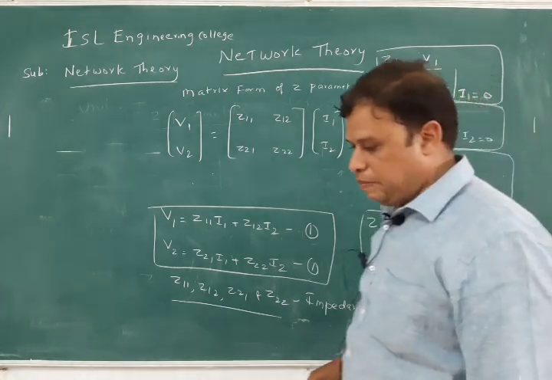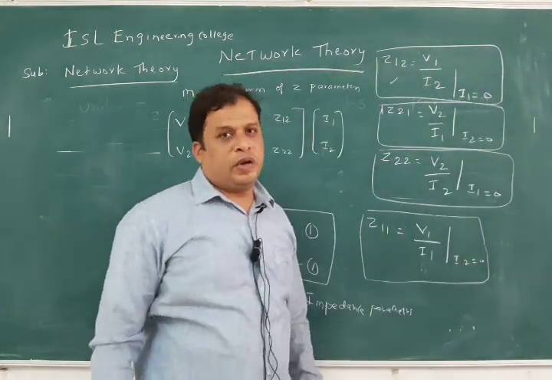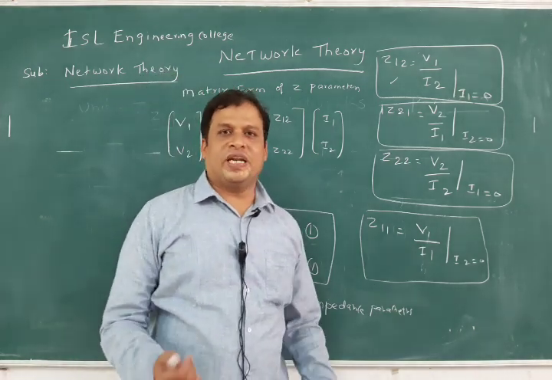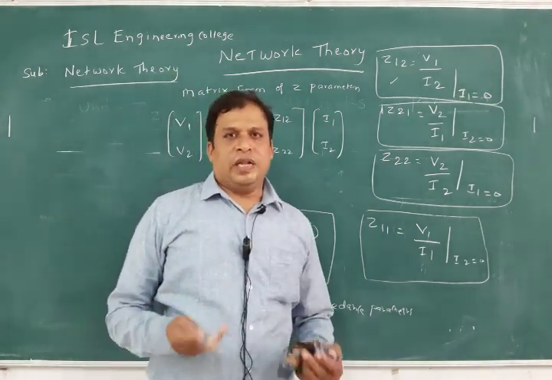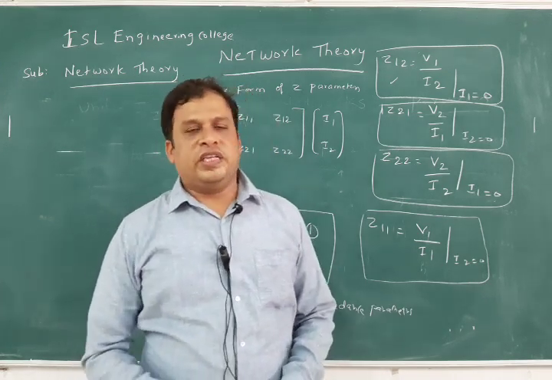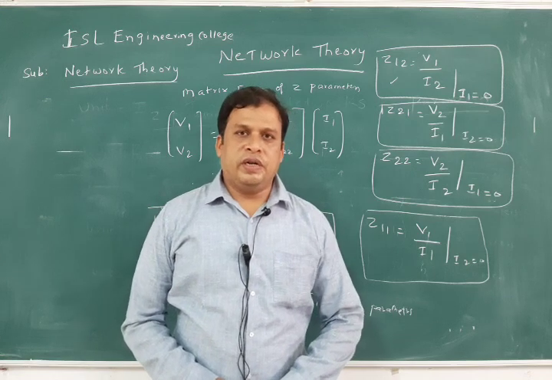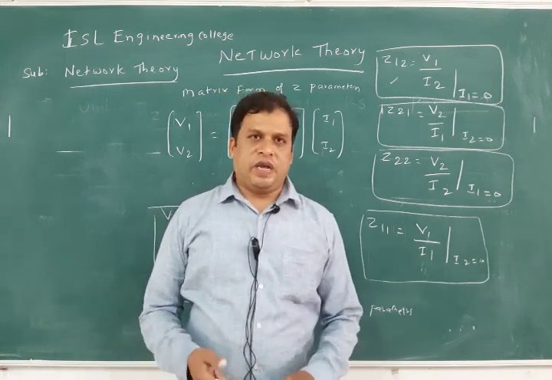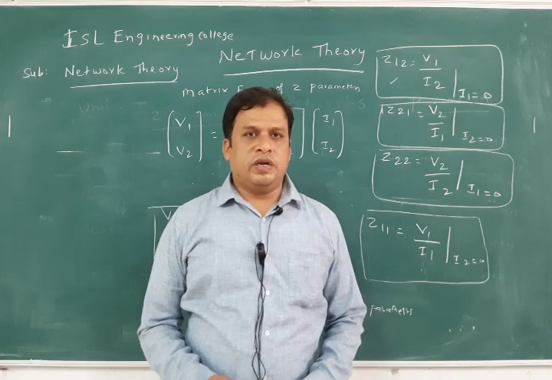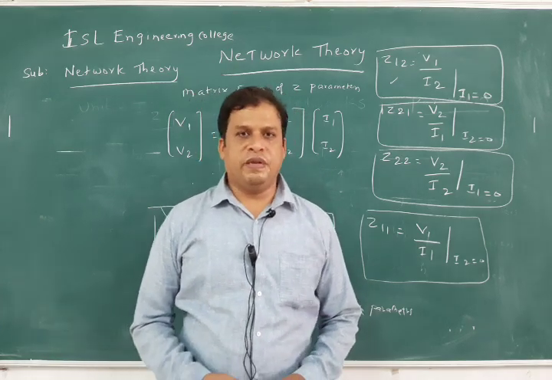These are also called open circuit parameters, because mainly in the circuit diagram you are open circuiting the terminals and finding the parameters. In the same way, if you short circuit the terminals, you can find the Y parameters, and also the T parameters, H parameters and ABCD parameters.